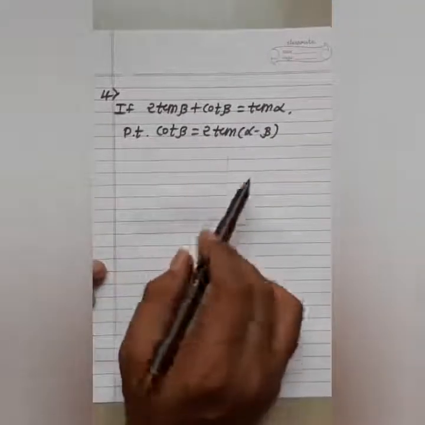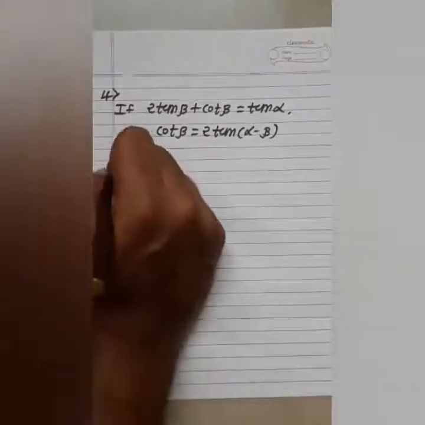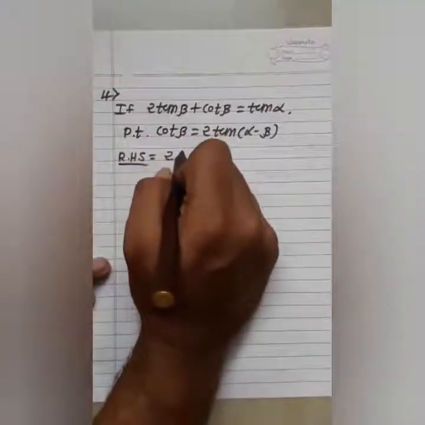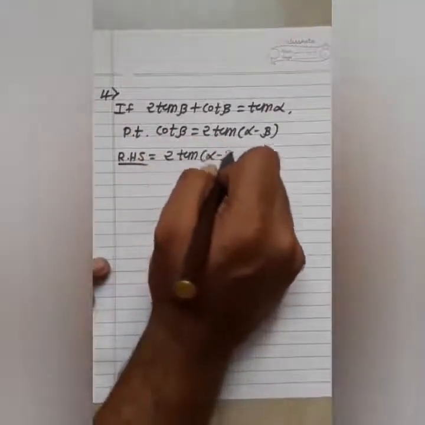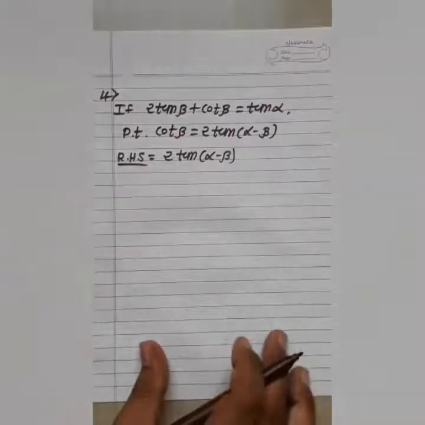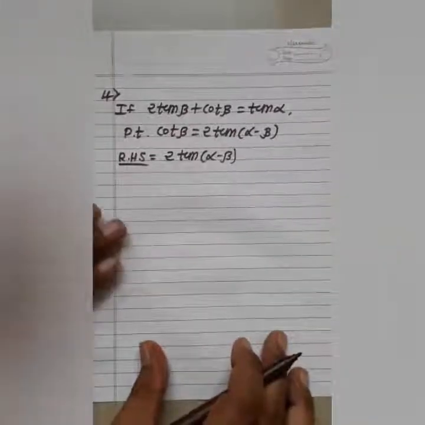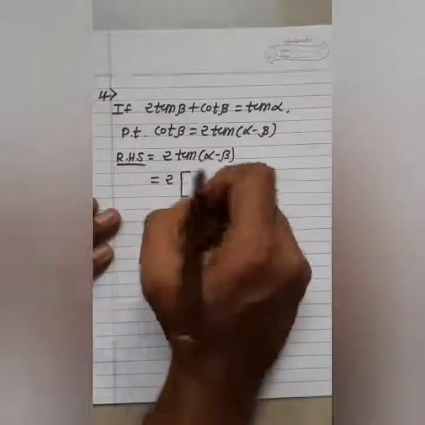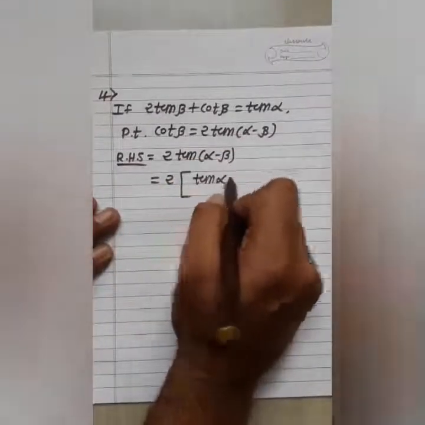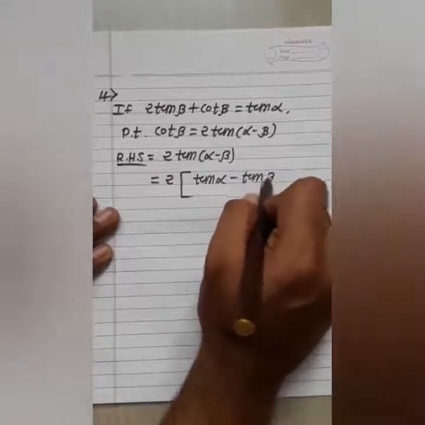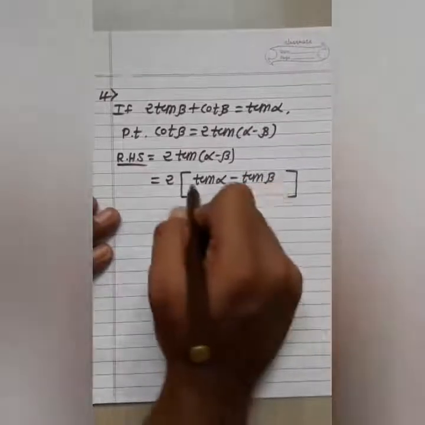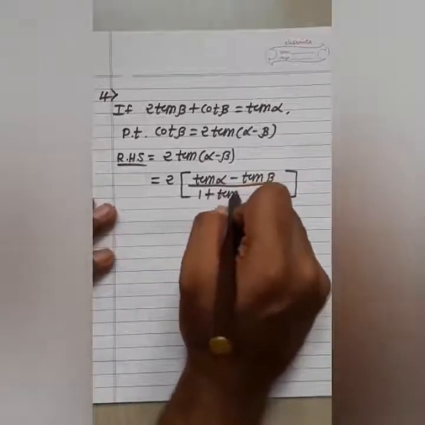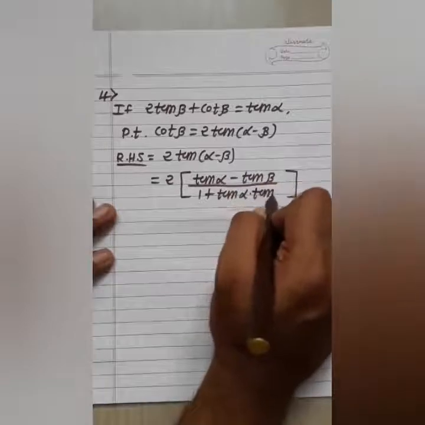So first of all, start with the RHS. Our RHS is 2 into bracket tan of alpha minus beta. Here we apply the identity. So it is equal to 2 into bracket tan alpha minus tan beta upon 1 plus tan alpha into tan beta.